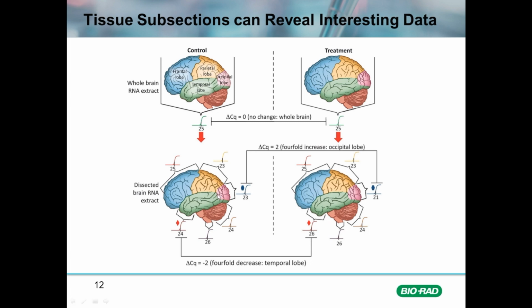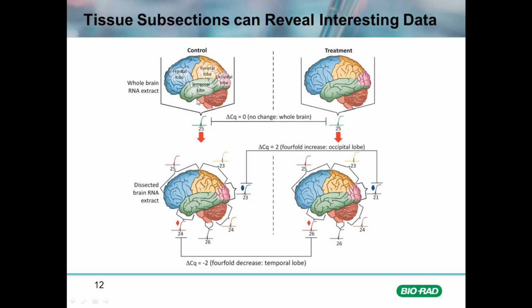So by subsectioning tissue, we're actually able to glean much more information about our gene of interest pertaining to where the treatment affects expression, in this case, the occipital lobe and the temporal lobe, and the full difference in expression itself.